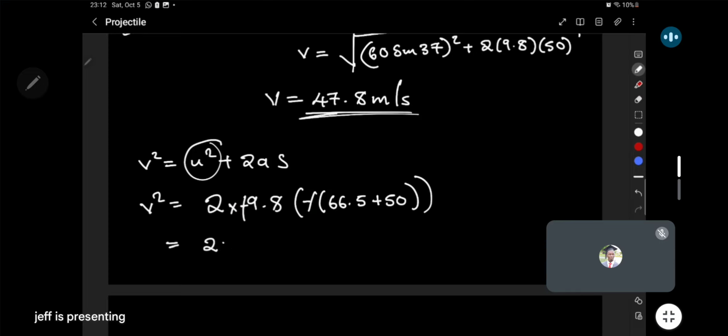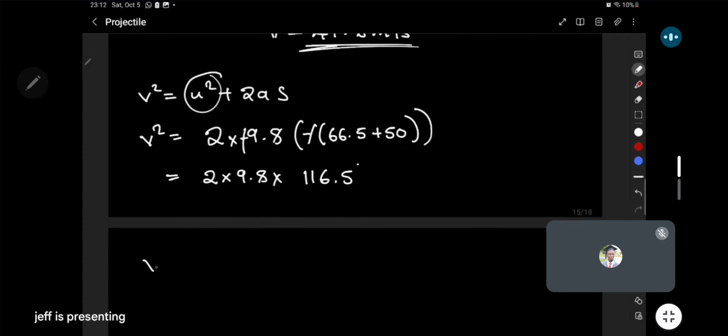So we just have 2 by 9.8 by, this is going to end up giving us, so you'd have 5 and 6 here would give us 11. 11 with a 6 here, 0.5.